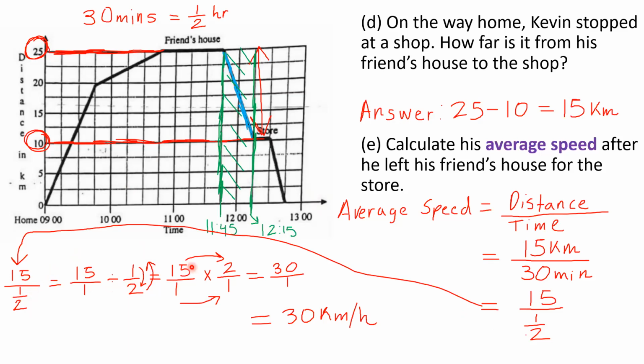So we keep 15/1, we change the sign into multiplication, and then we flip to 2/1. You see that? Yes, sir. Now, what is 15 times 2? 30, and then we put it over 1. So that's how we get 30 kilometers per hour. Okay. Thank you.